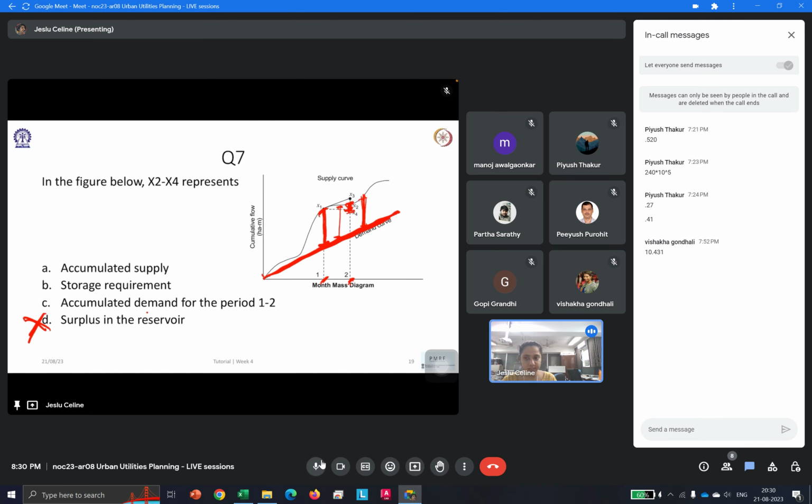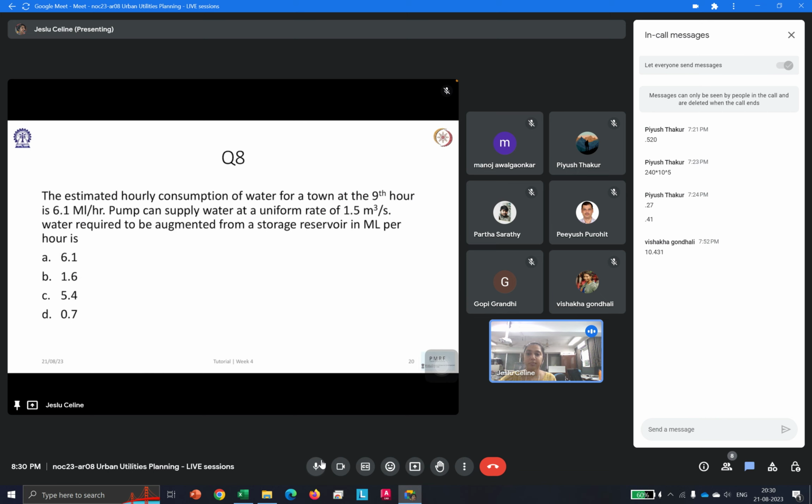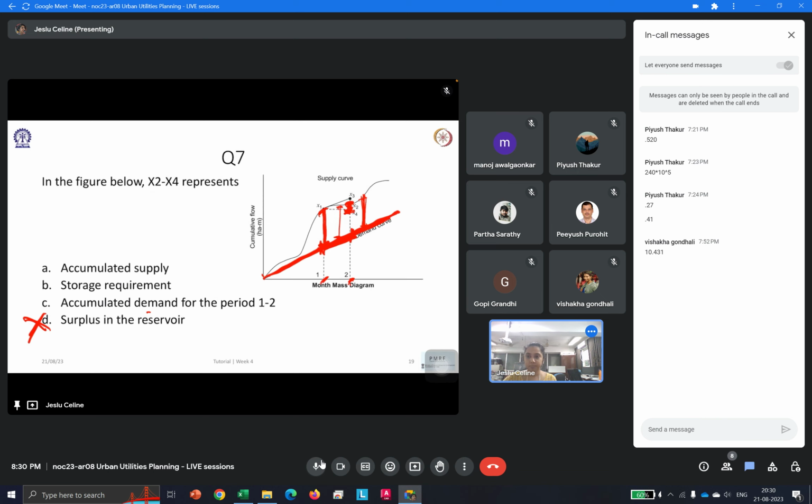The accumulated demand would be somewhere between here. It wouldn't be this x2 to x4. It has nothing to do with demand, in fact. It's a separate supply curve. It only talks about the supply curve. It's not even touching the demand curve. So it's not the accumulated demand.